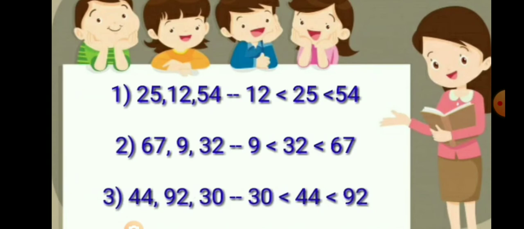Third example, the numbers given are 44, 92 and 30. 30 is the smallest, which comes first. 44 is in the middle and 92, which is the biggest number, at last.